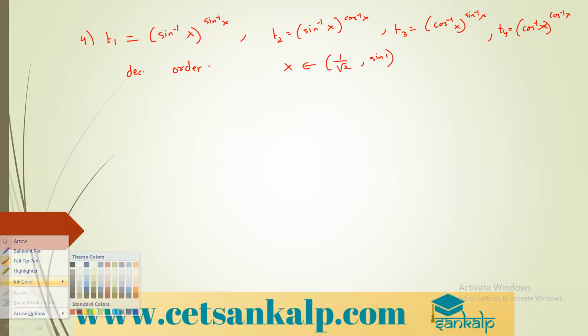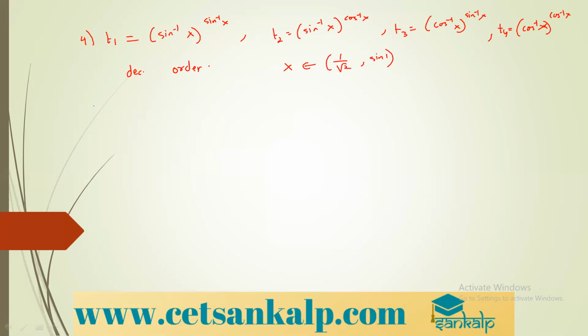With the help of this, we can solve this and write it in decreasing order. So x will be in between 1 by root 2 and sine 1, or sine inverse x will be in between 1 and 1 by root 2.